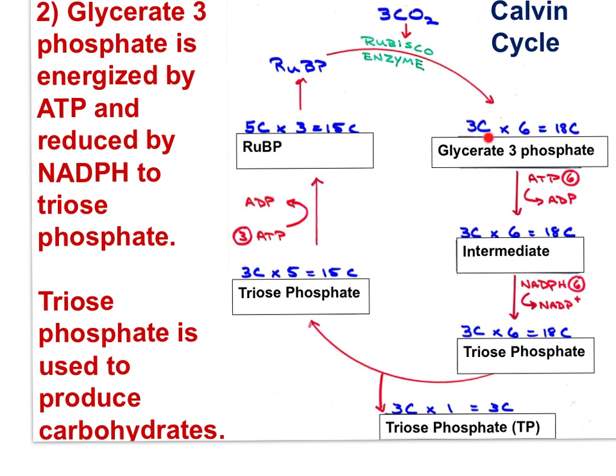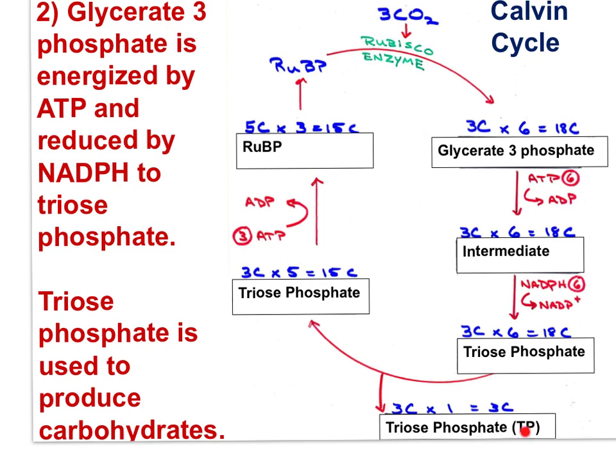Glycerate 3-phosphate is reduced to triose phosphate through a series of steps involving intermediates. ATP provides energy, and NADPH provides reducing power, as you can see in these 2 steps. Glycerate 3-phosphate is energized by ATP and reduced by NADPH to triose phosphate.